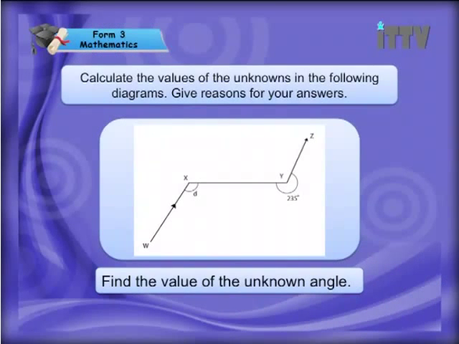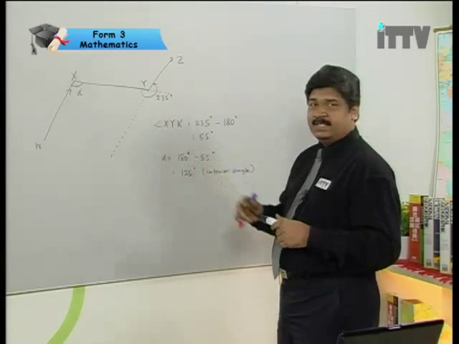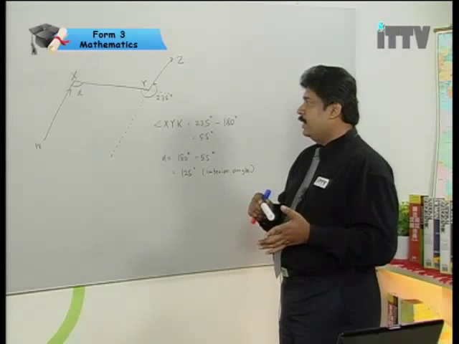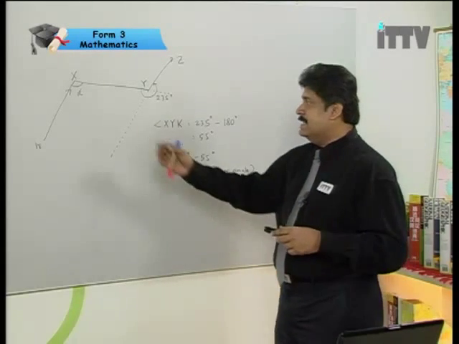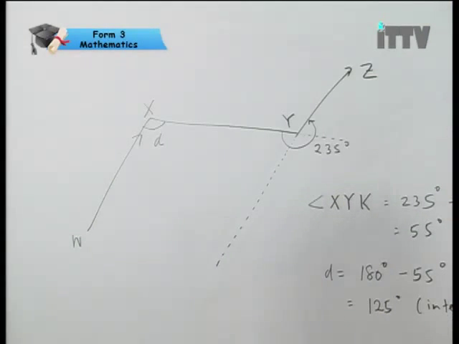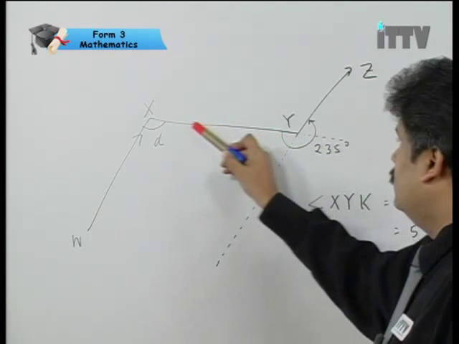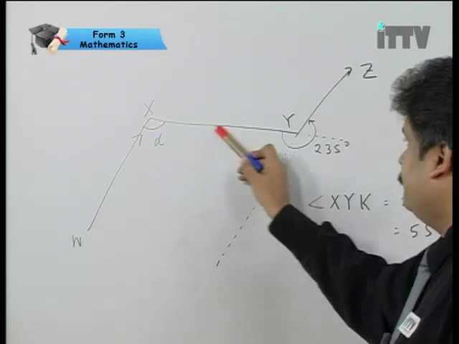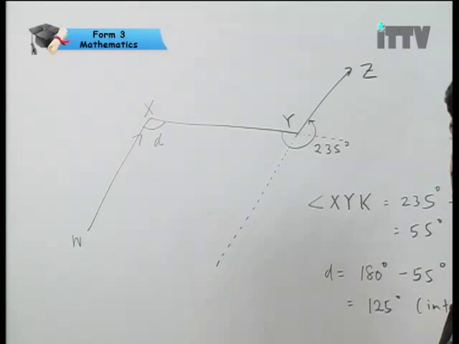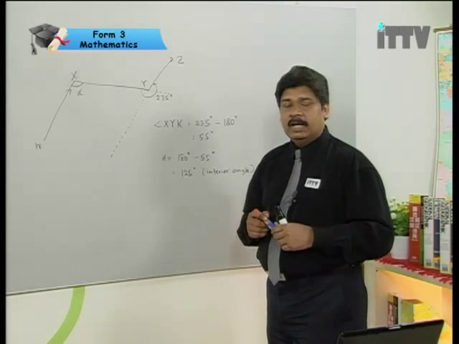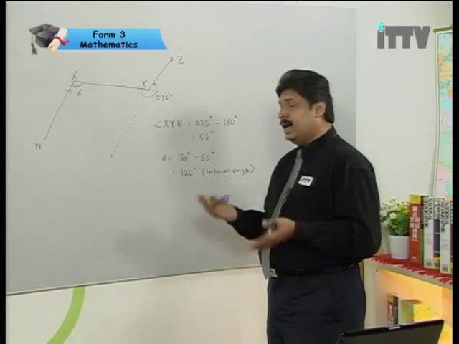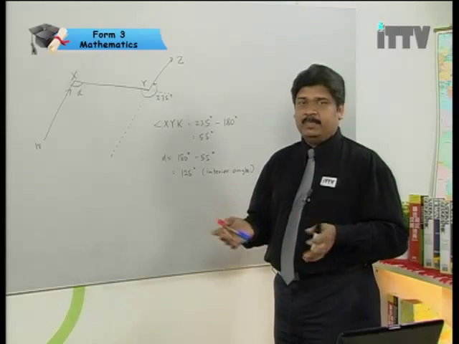Find the value of the unknown angle. Well, boys and girls, in our next question, we are requested to find the unknown D. If you observe the diagram, it looks like a Z. As I've mentioned to you earlier in our lessons, at times you need to extend some lines.